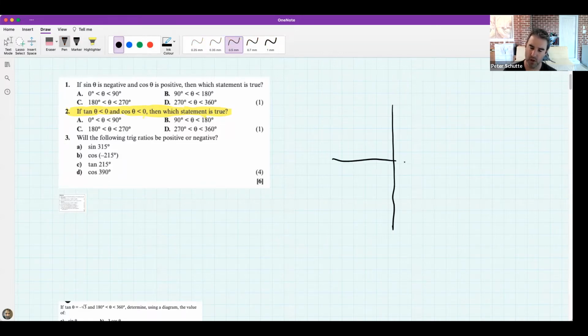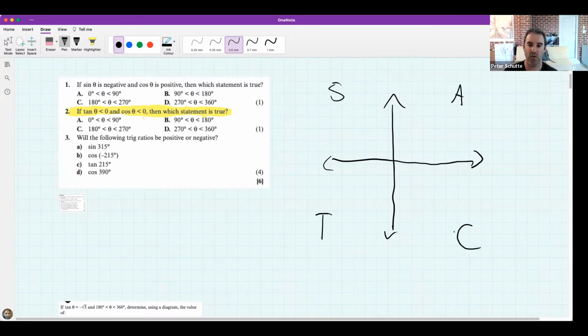For those who are unfamiliar with this, the CAST diagram allows us to know where different trig ratios are positive or negative. The C is where the cos is positive and everything else is negative. A is where everything is positive. That's quadrant 1. In quadrant 2, sine is positive, everything else is negative, and so on.